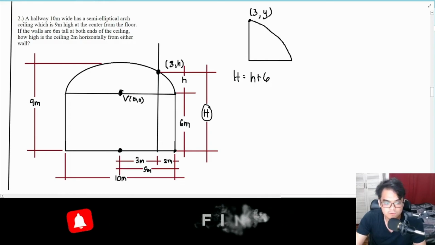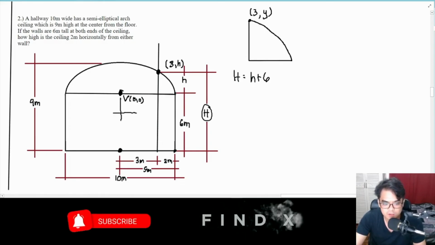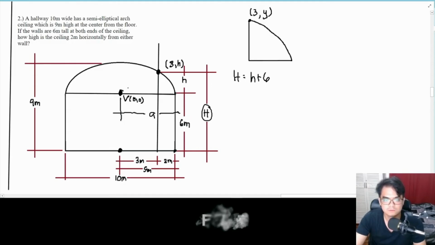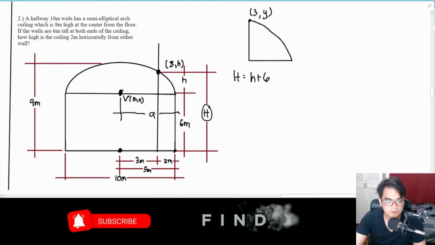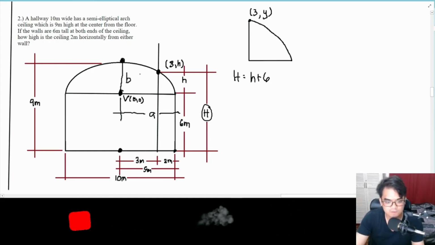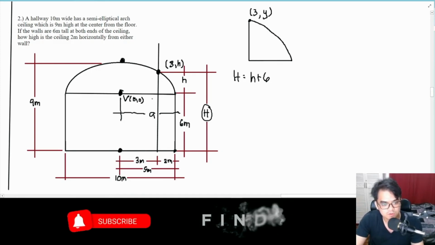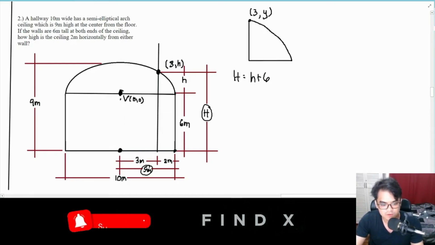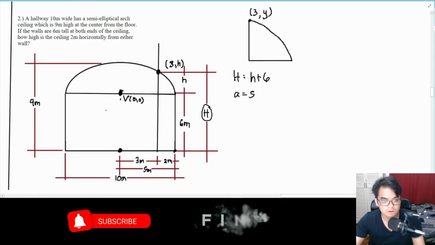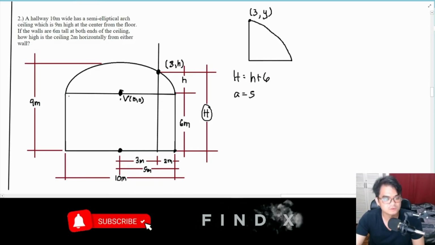Okay. If this is the vertex, then from here to here will be your A, and from here to here will be your B. We have to find the value for B. We already have the value for A, which is 5, therefore A is equal to 5.